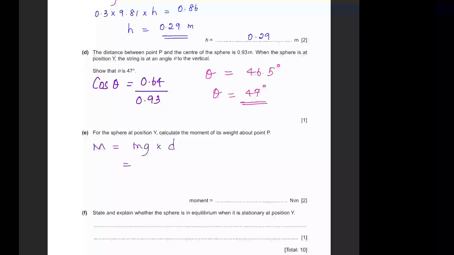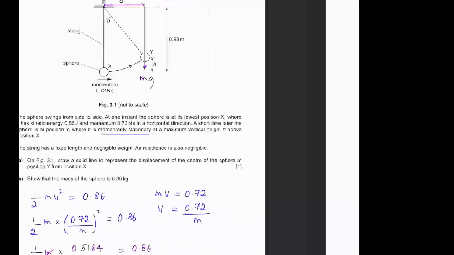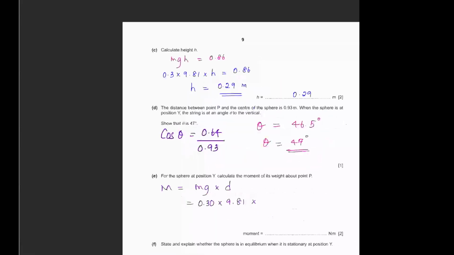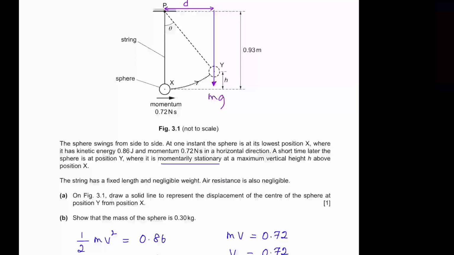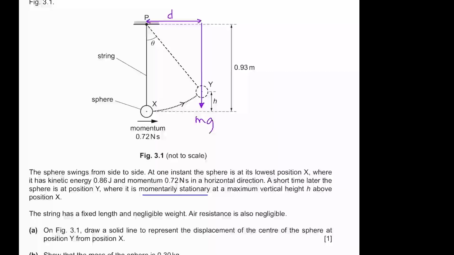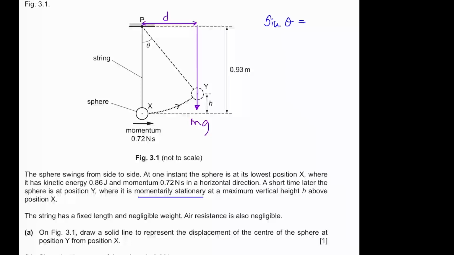The m is 0.30. g is 9.81. Into d is this distance. To measure that distance, I will take sine theta. Sine theta equals, this is opposite, d over hypotenuse is 0.93.